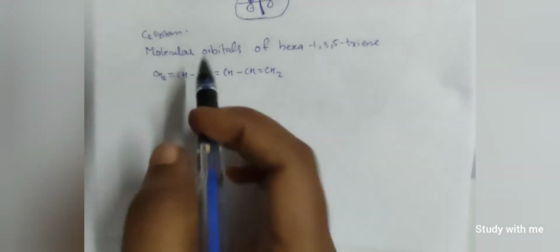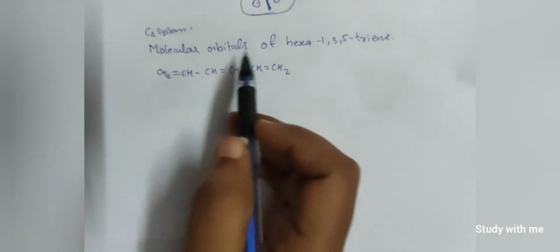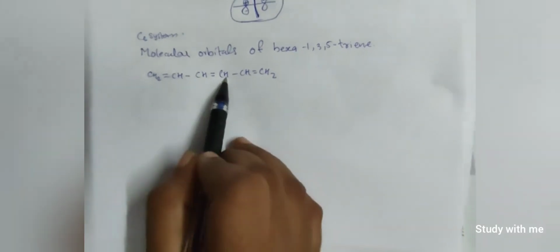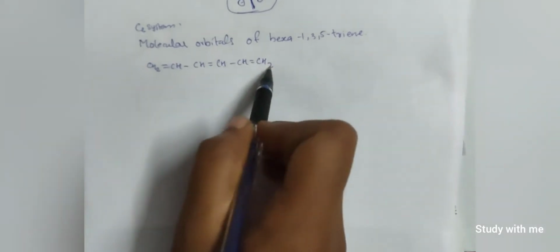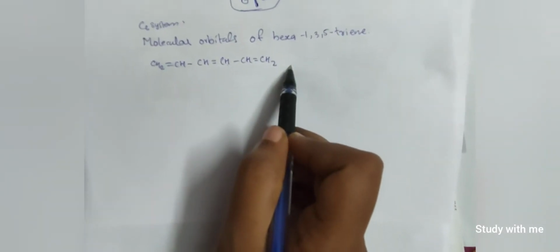Okay, now we will study about the C6 system. This will have molecular orbitals of hexa-1,3,5-triene, that is CH2 double bond, CH single bond, CH double bond, CH single bond, CH double bond, CH2. This is the C6 system. So we already know about drawing the energy of molecular orbitals.